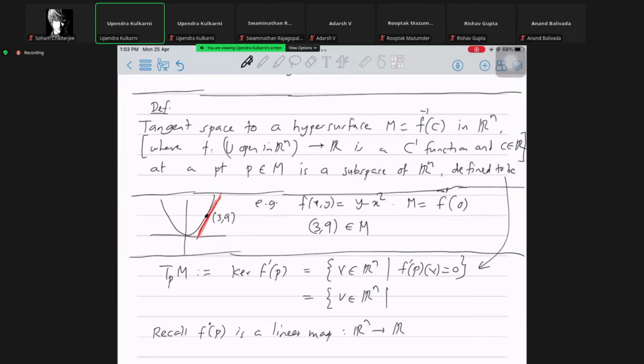From R^n to R. Remember, F is a real valued function from R^n. Later on, we will generalize this to functions that take values in multiple dimensions, but for now we are sticking to the case of a real valued function. So F prime of P is a linear map from R^n to R. So I'm simply saying, take the kernel of this map. All right.